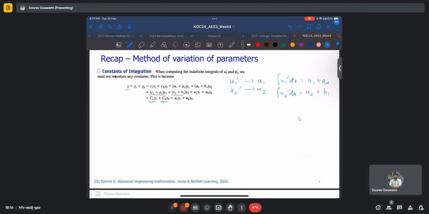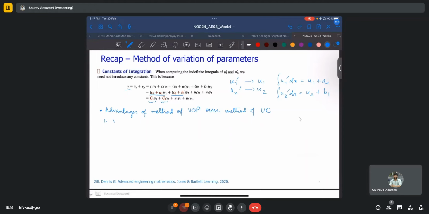But it is found that the method of variation of parameters has certain key advantages over the method of undetermined coefficients. So I found it interesting. I'll just write it here. The advantages of the method of variation of parameters over the method of undetermined coefficients.